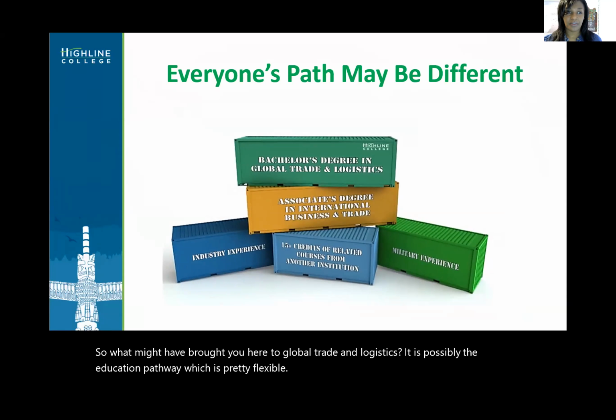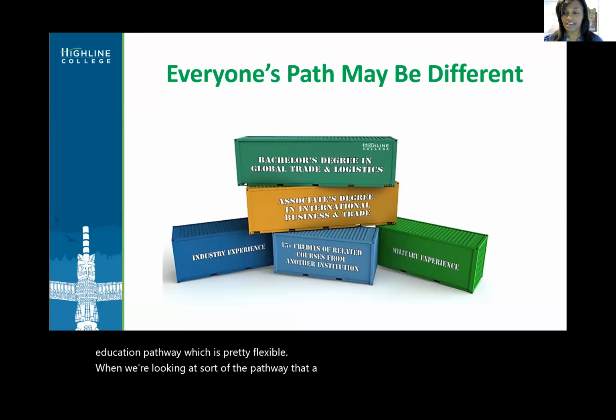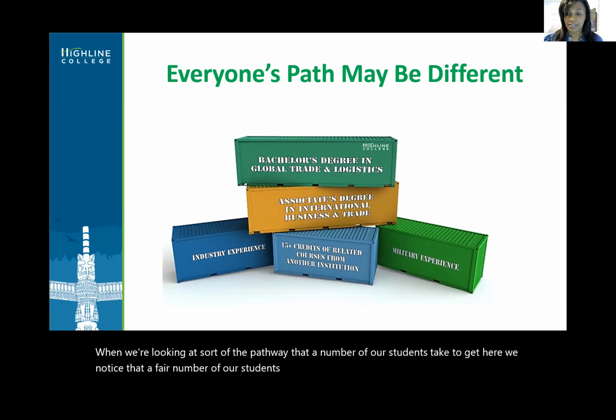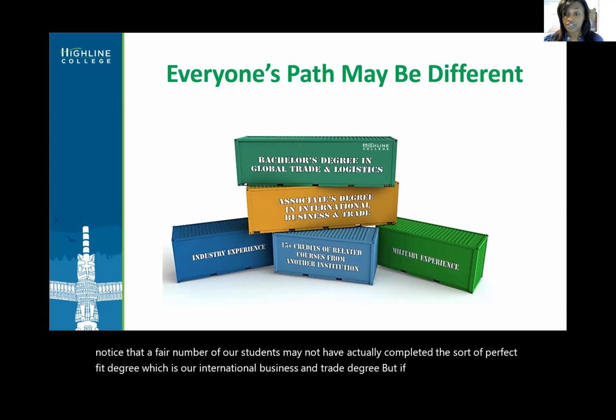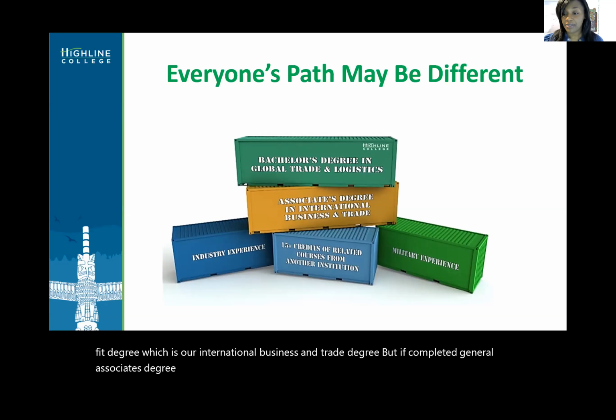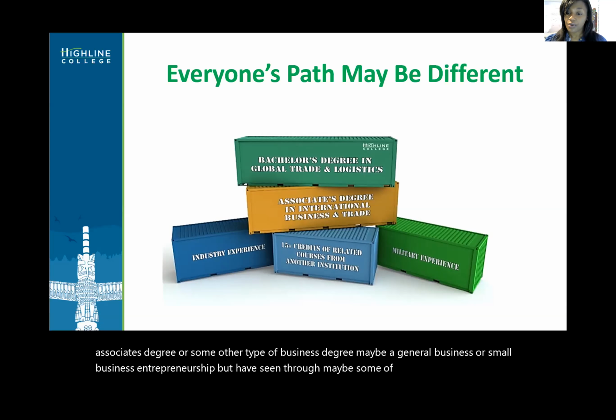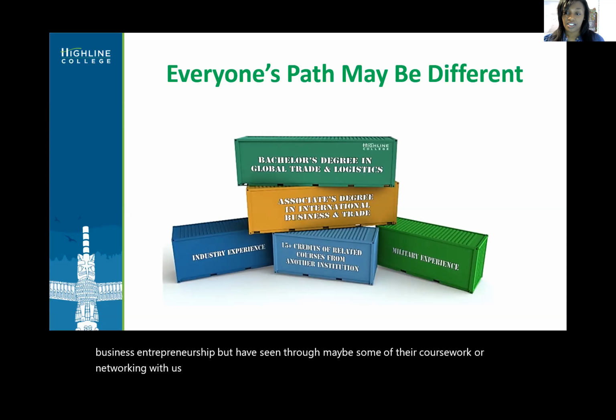When we're looking at the pathway that a number of our students take to get here, we've noticed that a fair number of our students may not have actually completed the perfect fit degree, which is our international business and trade degree, but have completed a general associate's degree or some other type of business degree, maybe a general business or small business entrepreneurship, but have seen through some of their coursework or networking with us that the Global Trade and Logistics degree is something that will provide value, a great career path for them, and so they make that transition.